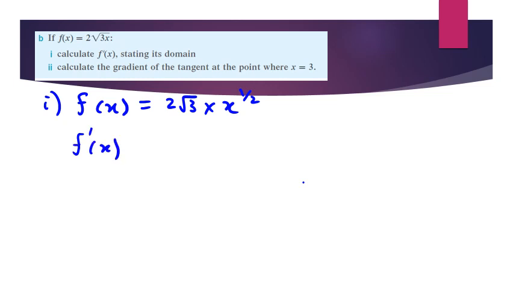Then f dash of x would be, that number stays there. You take that number down, then you subtract it by 1, so you should get -1/2. Then simplify your numbers.